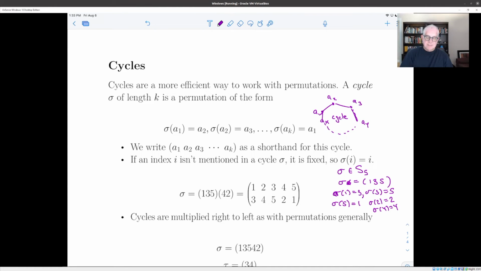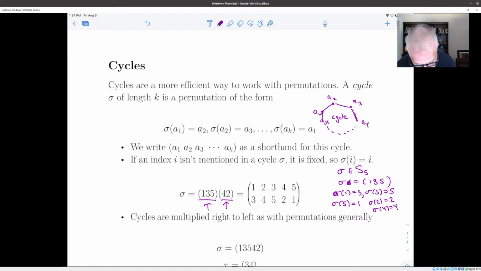And if you were to take the two permutations, the cycle (1, 3, 5) and the cycle (4, 2), and multiply them together and then try to figure out in the other notation what that permutation is, first of all, you have to remember that just like with any permutations, you multiply from the right to the left.